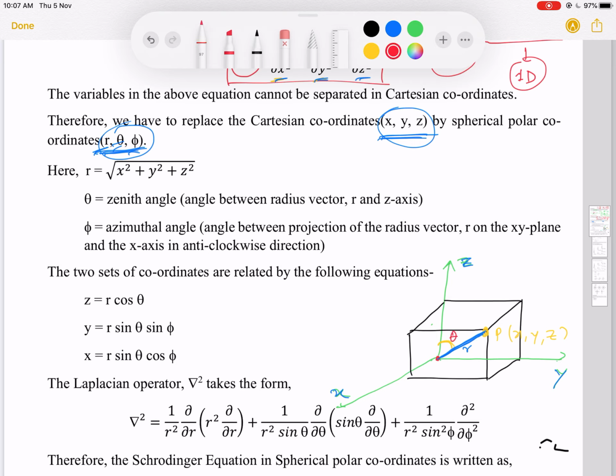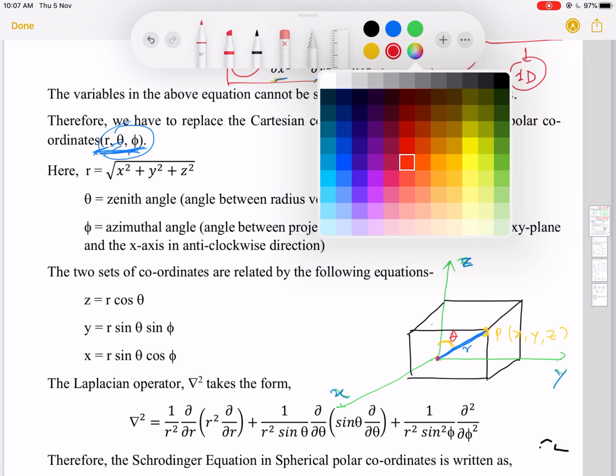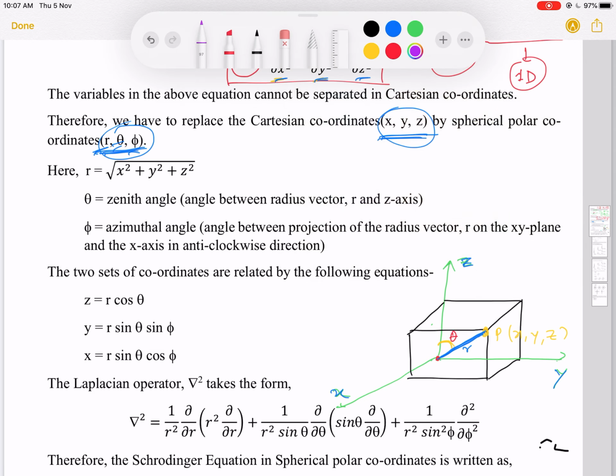And what we can do is draw a projection of this radius in the xy plane, like this. So this is your xy plane.